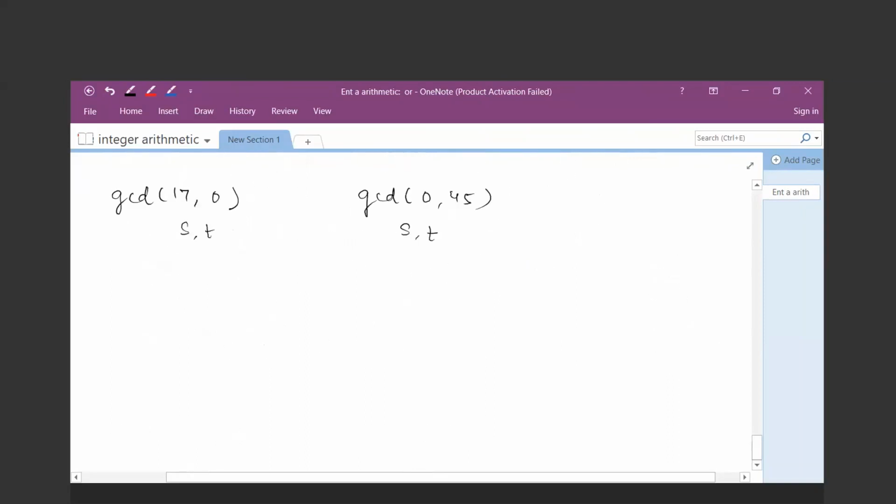So this is about integer arithmetic, and the new topic is modular arithmetic. I will give only the introduction today. From tomorrow onwards, I will elaborate on the modular arithmetic related operations.